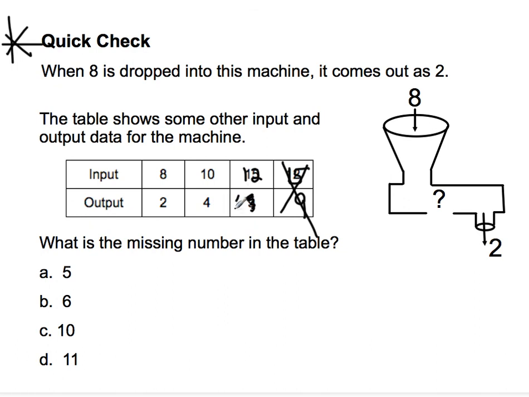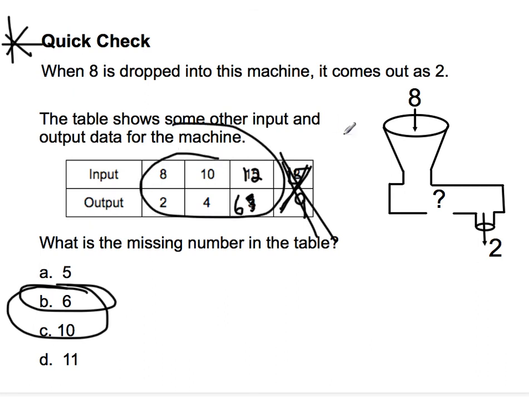Well, it's going up by 2s, so it must be 6. Whoops, 6. So sometimes information is put into a question that is meant to distract you, and that's called extraneous information. So don't be distracted. Don't get tricked. You just really only needed the first 3 pieces of data.